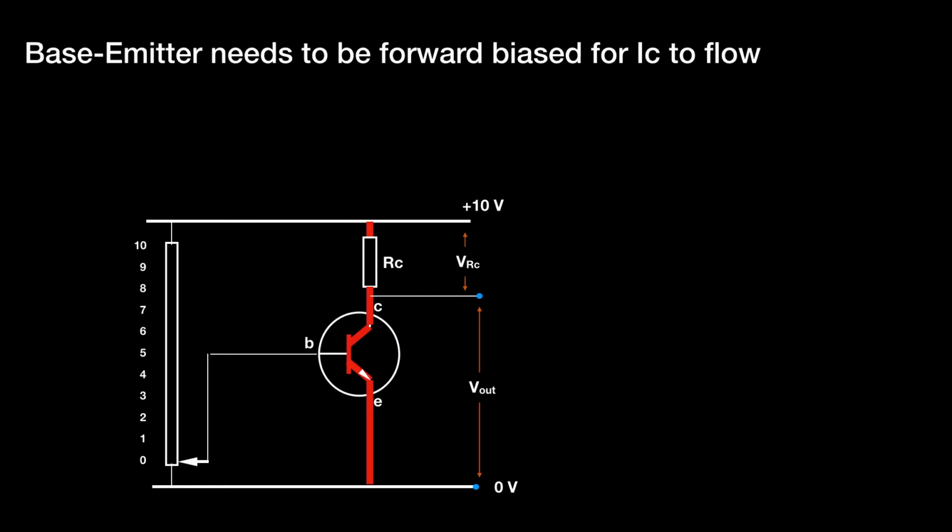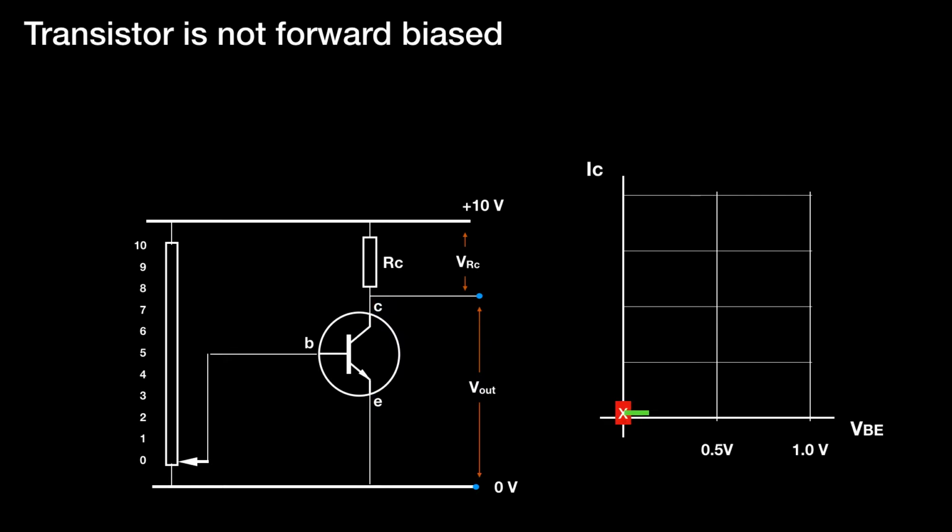So we will need to have the transistor biased for current to flow. If we start off then, we're going to also simultaneously draw a graph of collector current versus base emitter voltage.